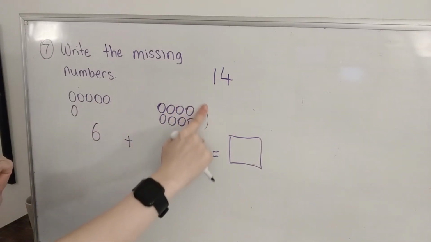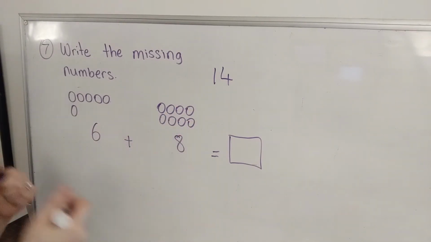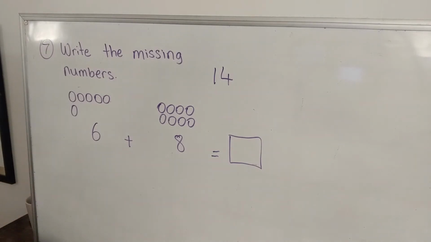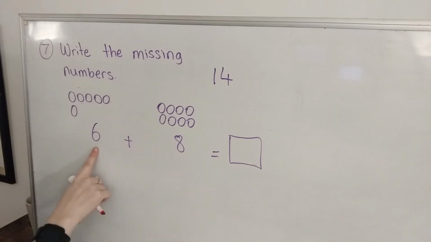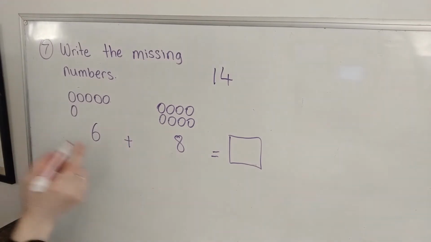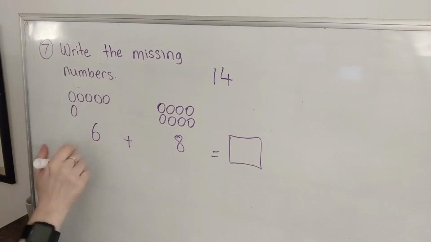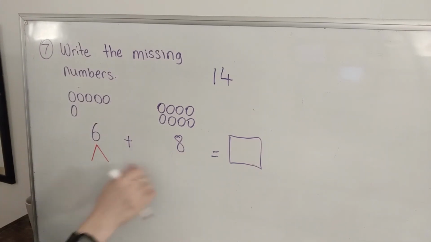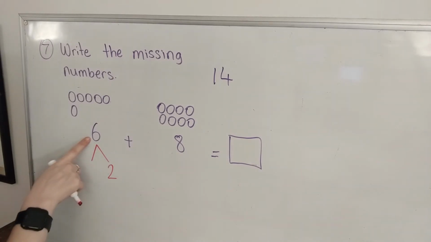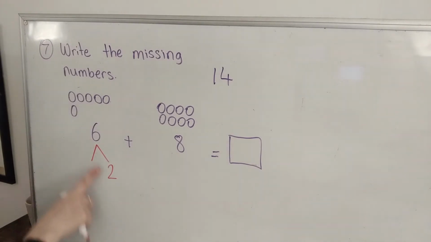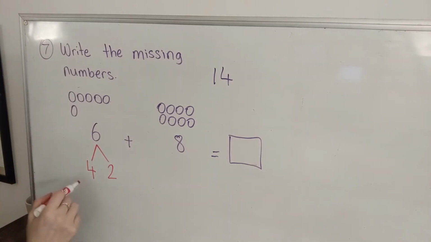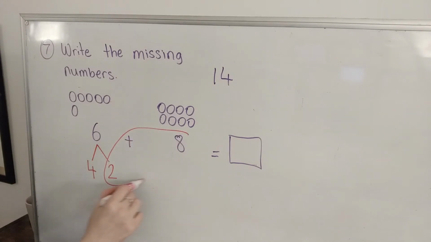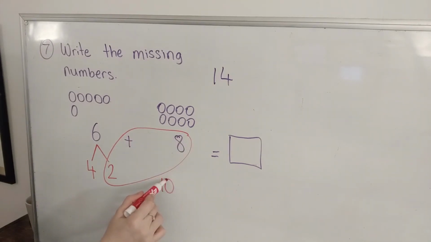Okay. Now, I'm going to use my Think 10 strategy to add 6 plus 8. What does 8 need to get to 10? 8, 9, 10. 8 needs 2 more to get to 10. What is left in here? 6 has a 2 and a 4. Now I'm ready to add. 8 plus 2 is 10.